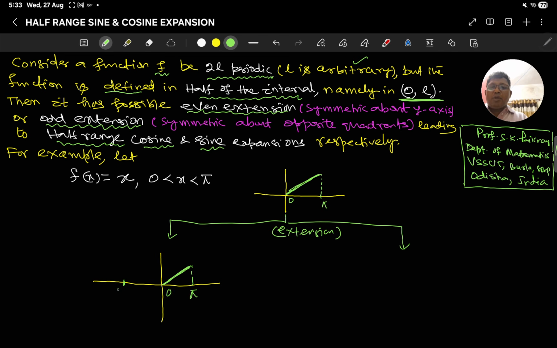What will happen from minus pi to 0? Suppose this is my extension, and in this way I extend it.